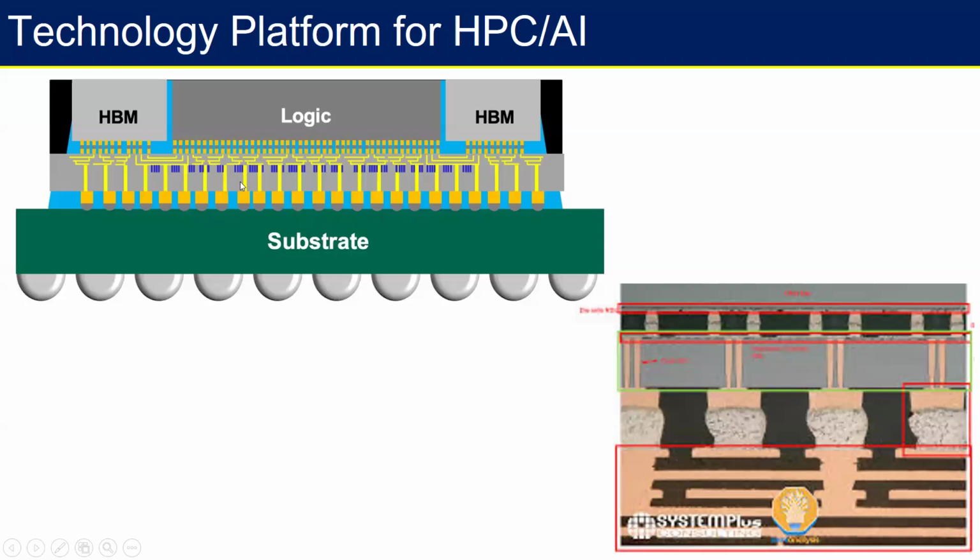This is a technology platform. I forgot to add the reference, but this is from TSMC, and the technology platform is known as CoWoS. The meaning is you are putting a chip on a wafer, and that you are putting on a substrate.